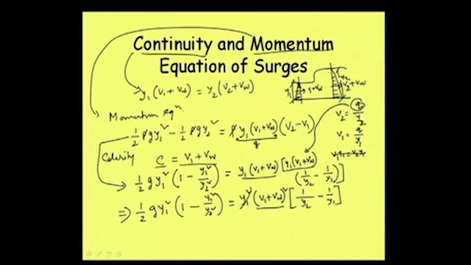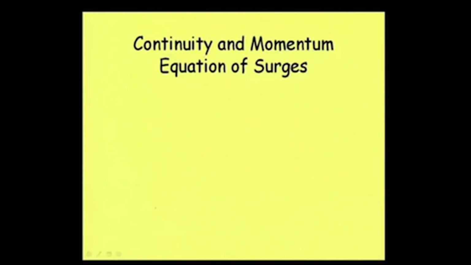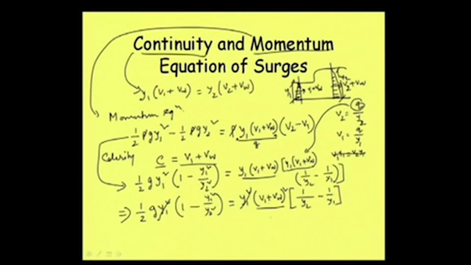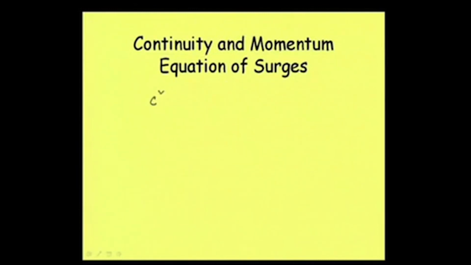The y1 square cancels, and we can rewrite this expression in a simple form. c square is equal to half of g, then y1 square minus y2 square, which we can write as y1 plus y2 into y1 minus y2, divided by y1 square.